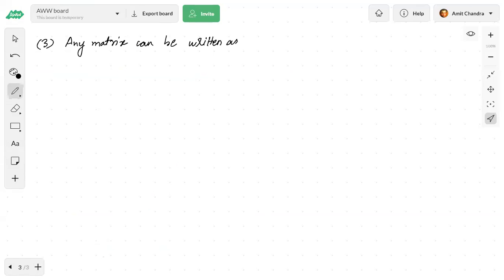the sum of its symmetric and skew symmetric matrix.